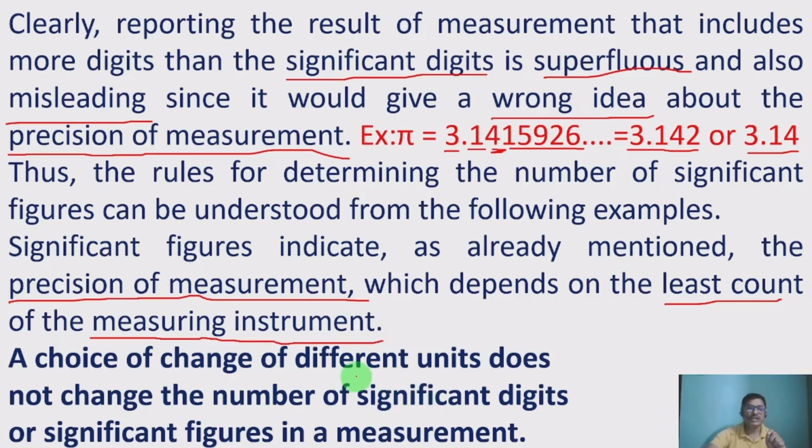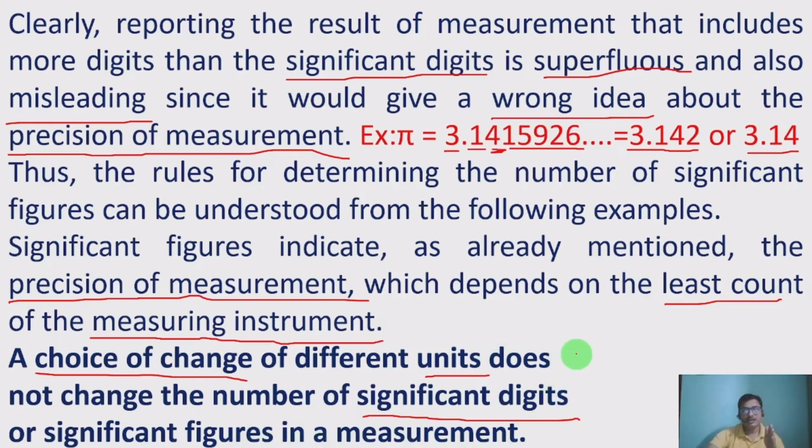The common rule to be considered for taking the significant figures is that the choice of different units does not change the number of significant digits or significant figures in a measurement.